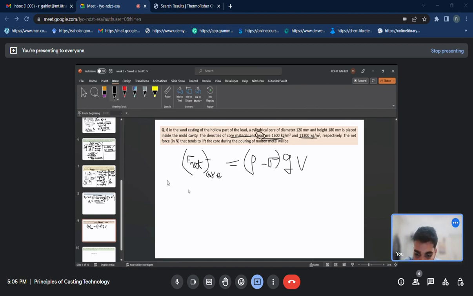We directly get this if we apply the force balance, and it has already been taught in the class also.